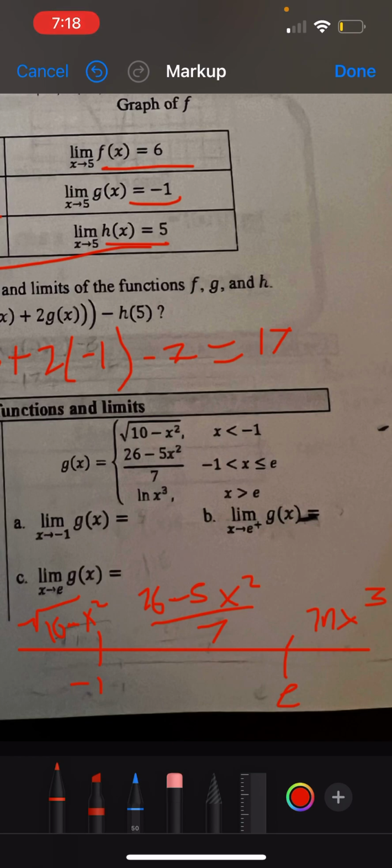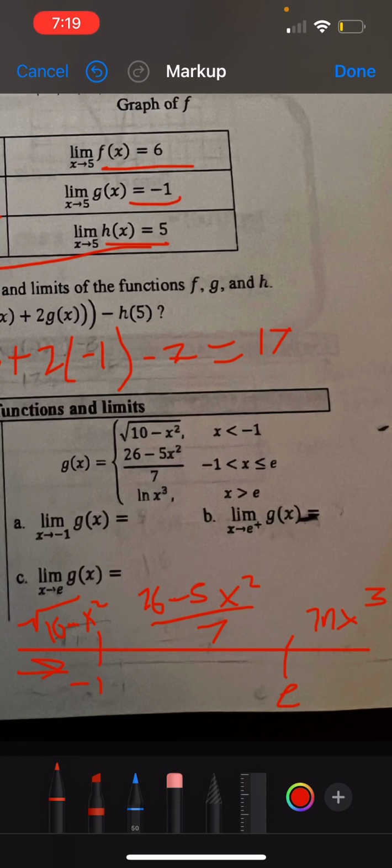This side would be 9 for A, and then we plug it in right here, so it'd be negative 1 times negative 5, which is just 5, so it'd be 26 plus 5 would be 31 over 7.